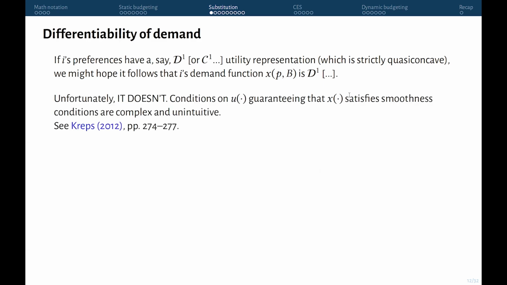Unfortunately, it turns out it doesn't. And you can get into the weeds about what exactly you do need to generate a, say, differentiable demand function. But we won't do that. We'll just assume that your demand function is differentiable.